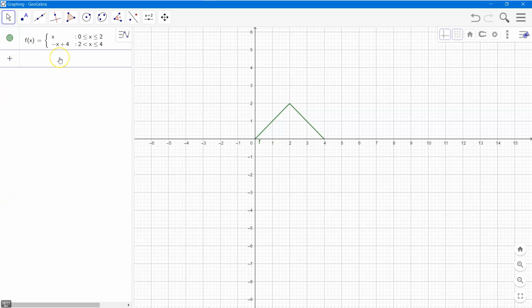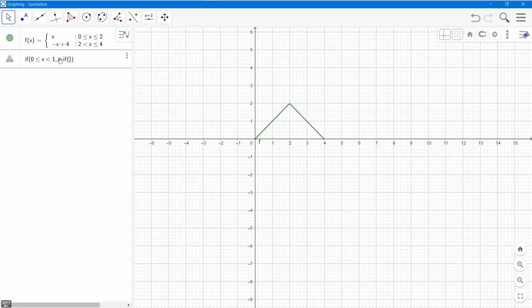Now let's look at another function. If 0 is less than or equal to x, which is in turn less than 1, then x.